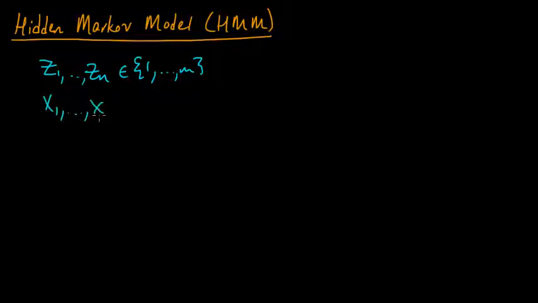And then there are some other random variables, X1 through Xn, the same number, and let's say that these take values in some set, capital script X. This could be discrete, finite, or it could be real valued, like R^d, and so on.